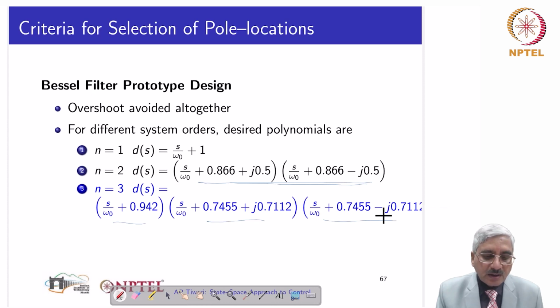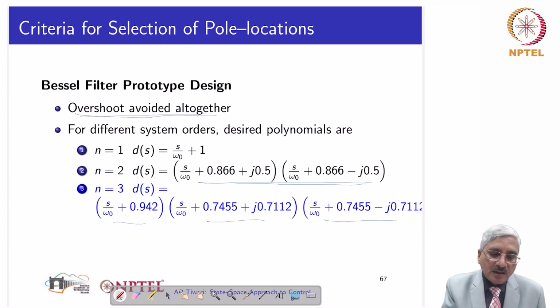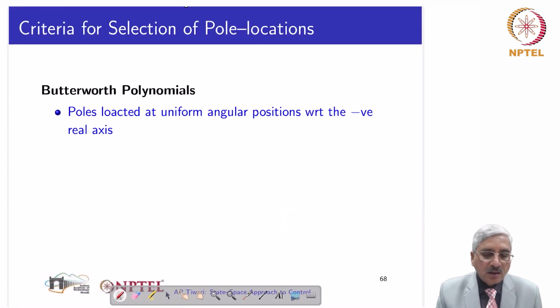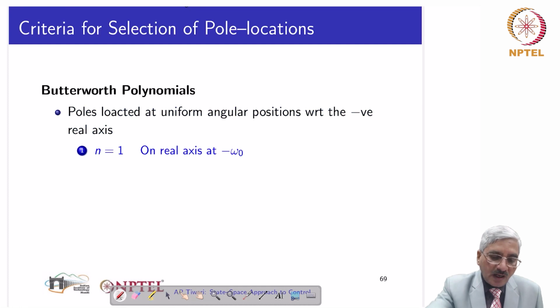So the Bessel filter prototype design, its main characteristic is it yields a transient response which will not have overshoot. So if the requirement is that there should not be any overshoot, we should go for Bessel filter type of design.